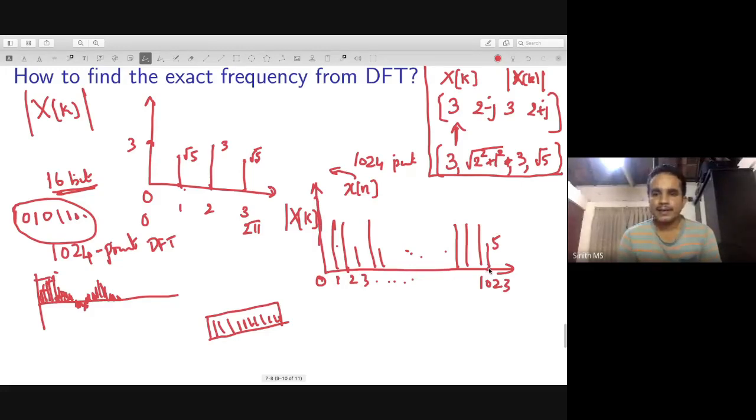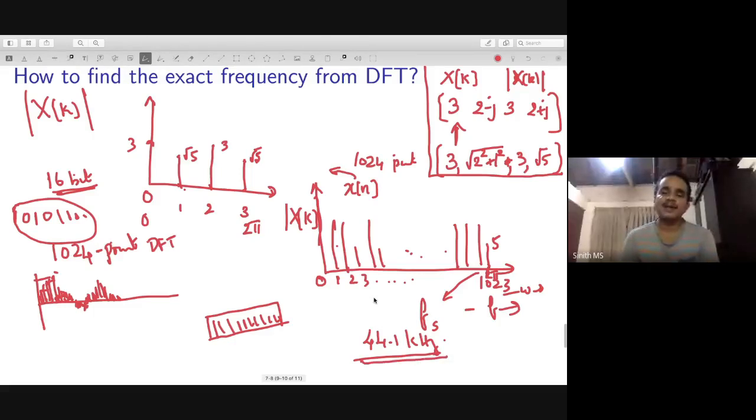You take this point. This corresponds to 2 pi on the omega axis, and if you are considering it as f, this corresponds to the sampling frequency fs. So suppose your audio signal is sampled at 44.1 kilohertz. Why 44.1 kilohertz? According to Nyquist's criterion, you should sample at a value higher than twice the maximum frequency present.